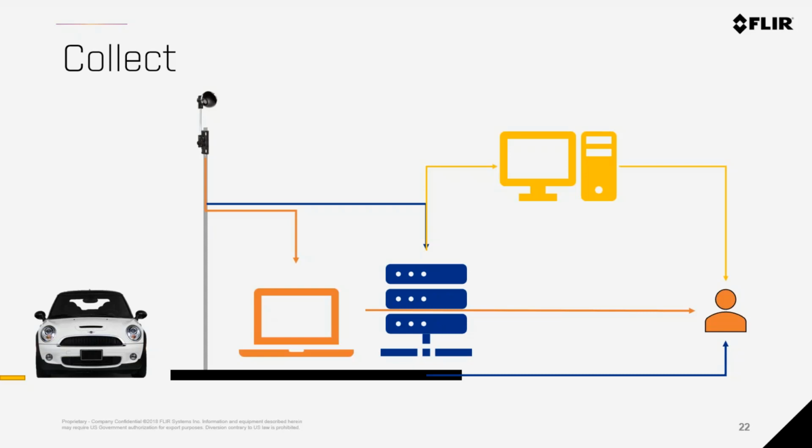And what can these tools be? Well, you could use a free tool from FLIR ITS called the Trafficon download tool. It allows you to download that information in a particular format that we already made for you. But there's also the possibility that you want to create your own download tool, or you want to download specific data and have no interest in the other data.